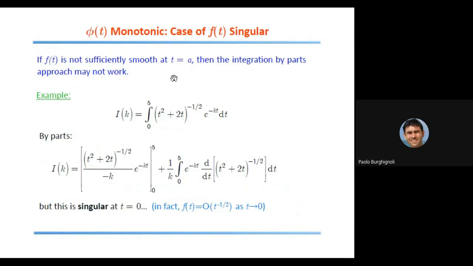For example, take this integral from 0 to 5 of this function, which is a polynomial to the power -1/2 times the exponential function.